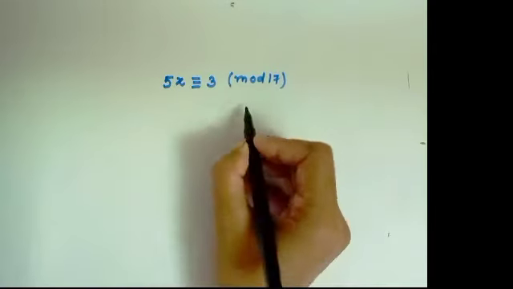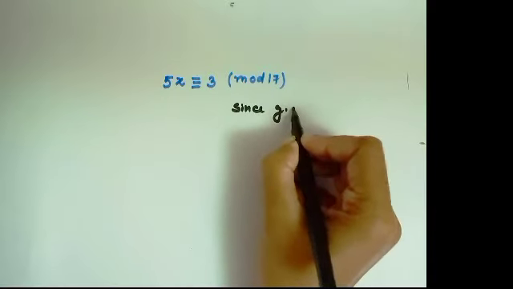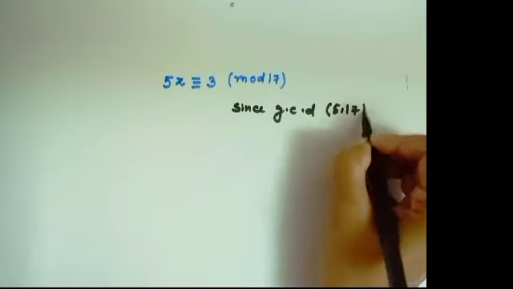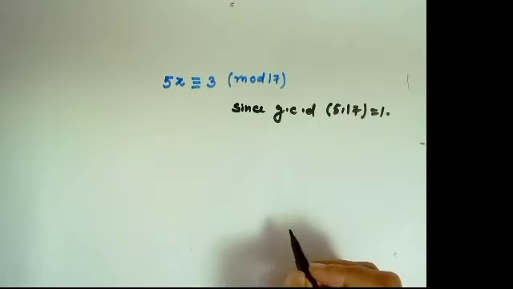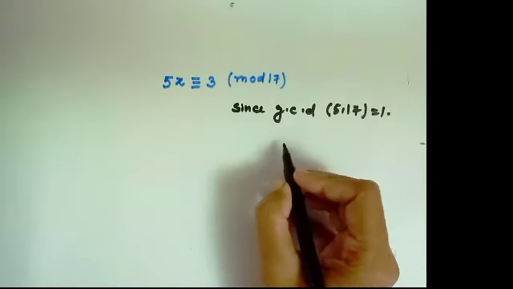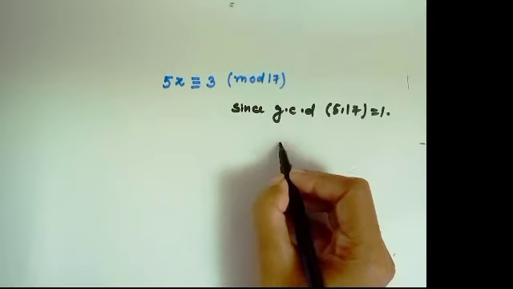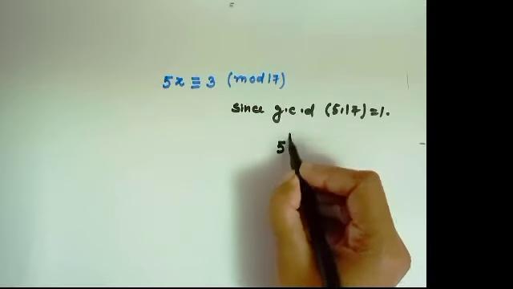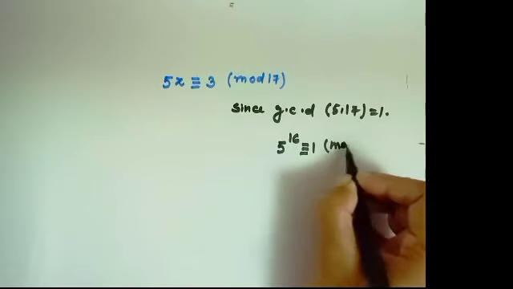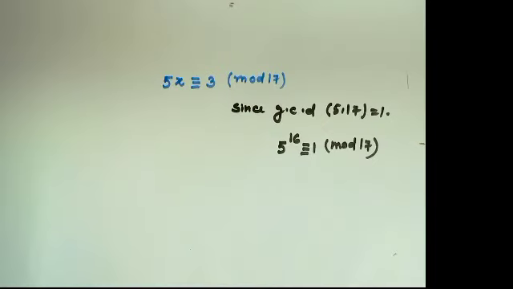Since GCD of 5, 17 equals 1, then by Euler's theorem, 5 to the power 16 is congruent to 1 modulo 17.